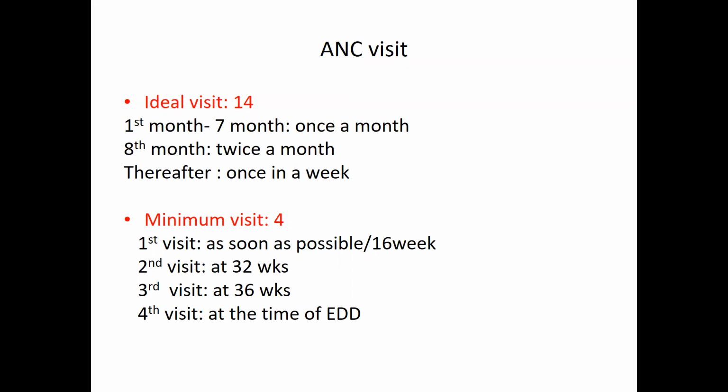So this is how we constitute the 14 visits. And for the minimum 4 visits, the first is as soon as possible or by the 16th week. The second visit is at 32 weeks, third visit 36, and fourth visit at the time of expected date of delivery.